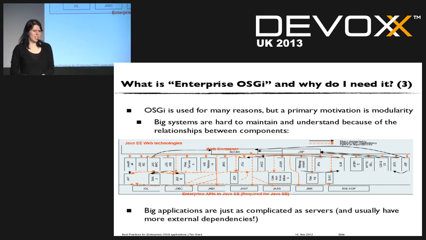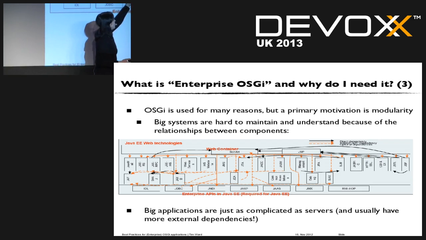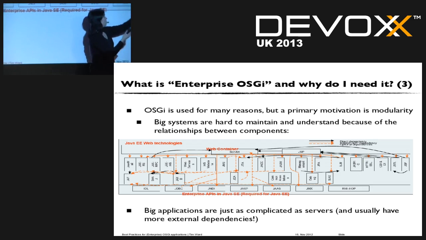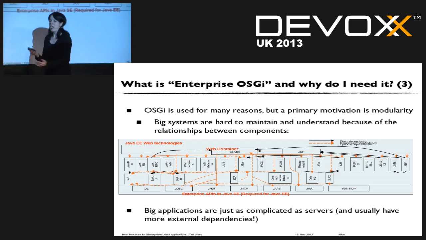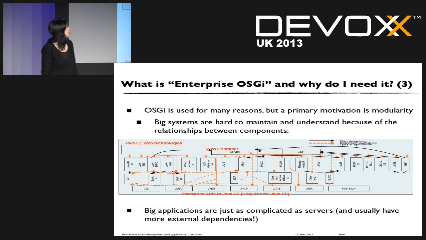What about if you get, you know, an enterprise container? It's even bigger. So, you know, you've got all of these APIs. You don't really know which ones you need. You don't really know which ones you're using. And they're all mashed in together. And what that's representing is a moderate size application server.